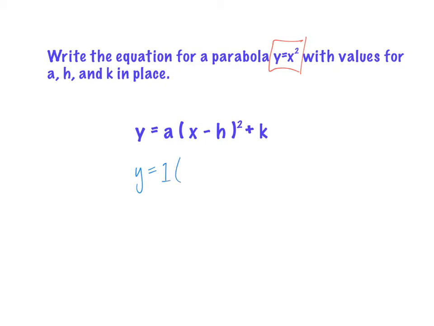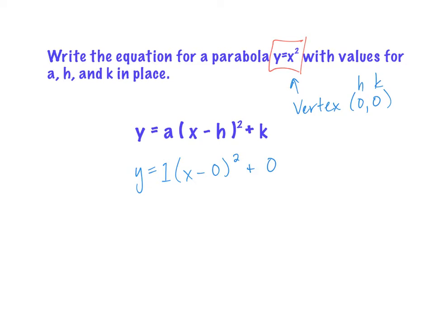So we have 1 times x minus, and then here, you can't see where I'm pointing, sorry. Here, my hk, as it was on the last slide, is going to be a vertex of 0, 0. And so that means that my h is 0 and my k is 0. So this is going to be x minus 0 squared plus 0. So that's the most basic version if I put it in that vertex form.